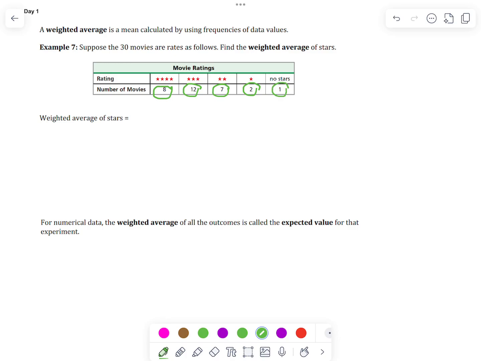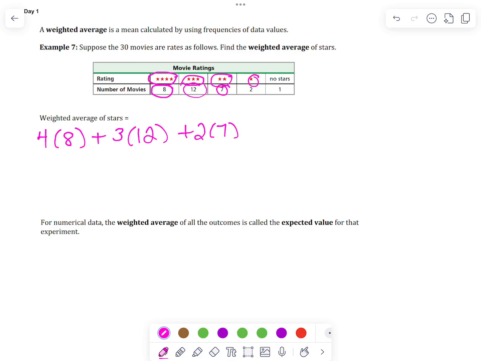So to find the weighted average, you multiply the value, so 4 stars times however many in that frequency, so 4 times 8, and then 3 stars and 12 movies, 2 stars and 7 movies, 1 star and 2 movies, no stars and 1 movie.